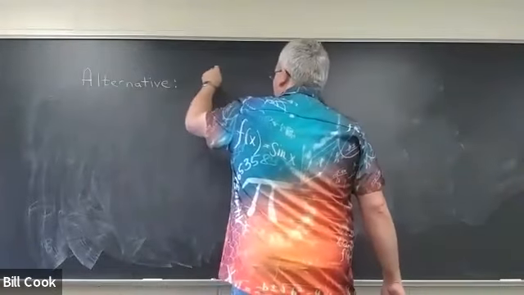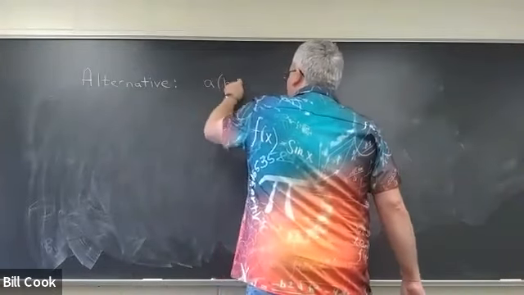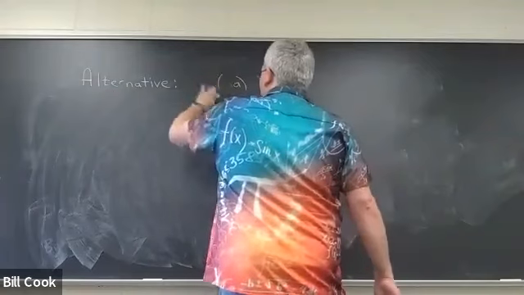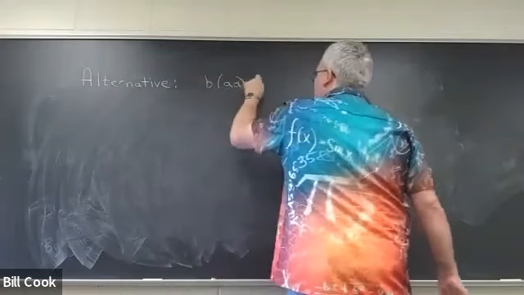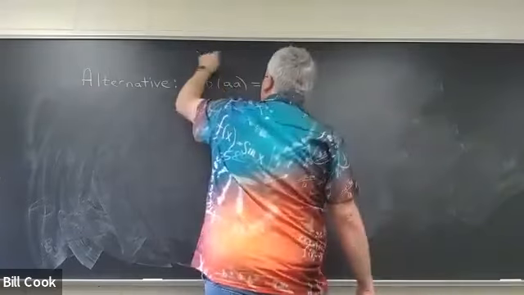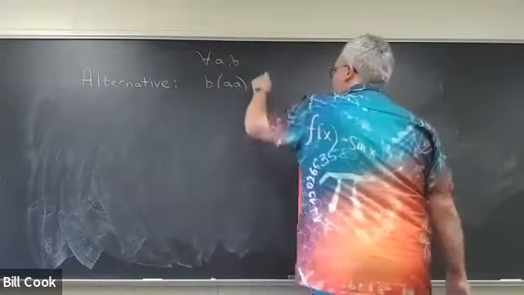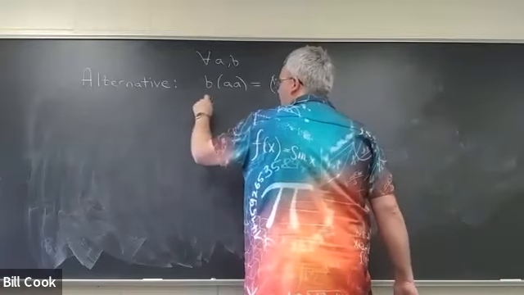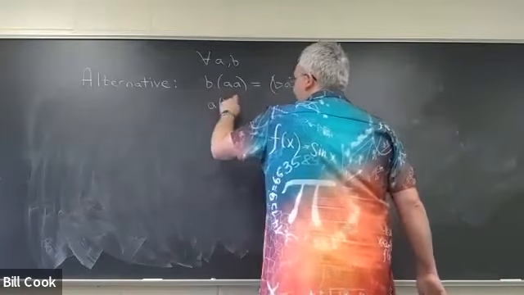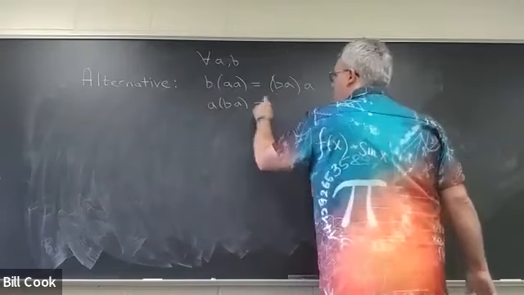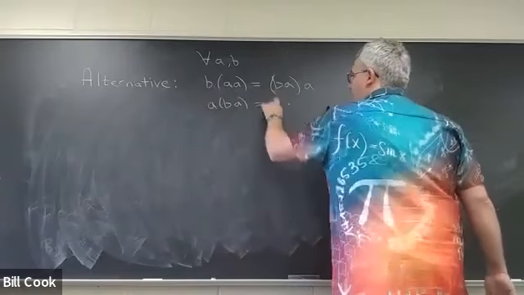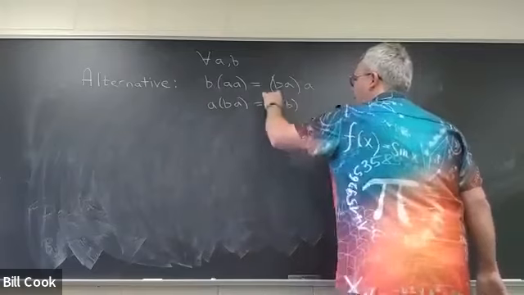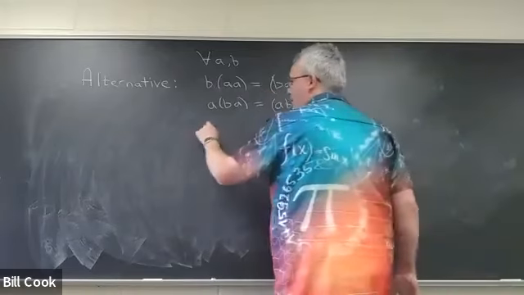So, alternativity, you might write: for all A and B, you could put B first, you could put B in the middle, or you can put B at the end.